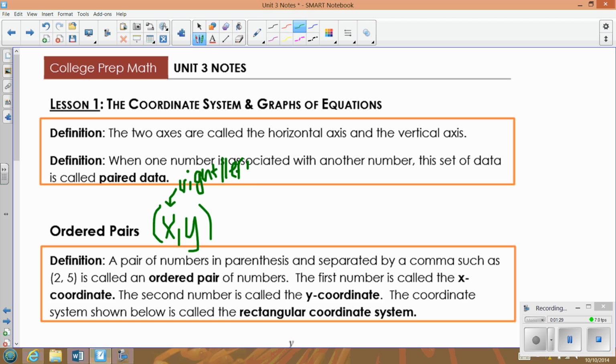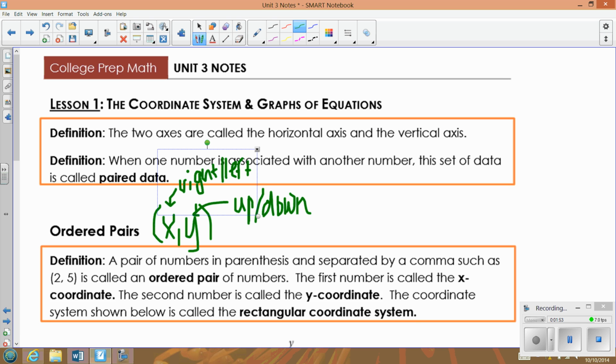And then the y is always the up or down movement, which is associated with the vertical axis. So this is up or down. So a pair of numbers in parentheses and separated by a comma, such as 2, 5, is called an ordered pair of numbers. The first number is the x-coordinate. The second number is the y-coordinate.